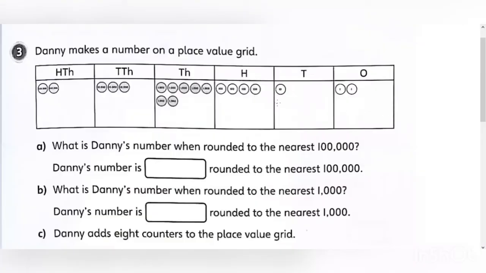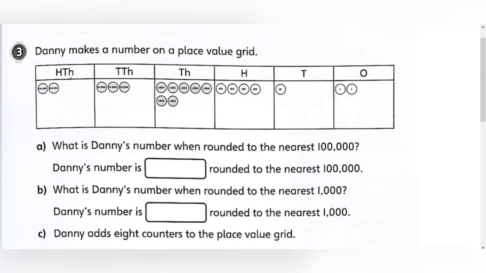Okay, now let's see the next question. Danny makes a number on a place value grid. What is Danny's number when rounded to the nearest 100,000? First we need to see what is the number that Danny has.